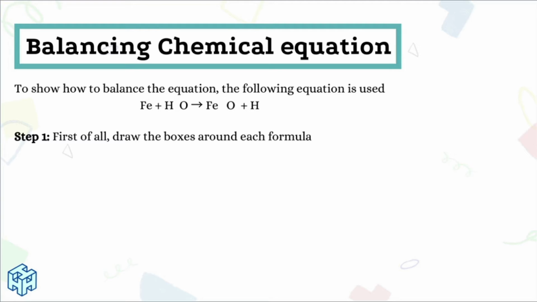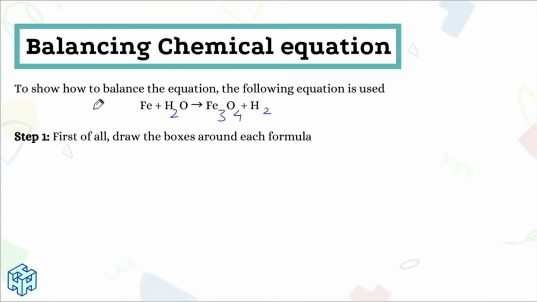Balancing the equation. Now I have taken a rough structure. Now I will write down the exact equation: Fe plus H2O gives rise to Fe3O4 plus H2. Before doing anything, let us count first.